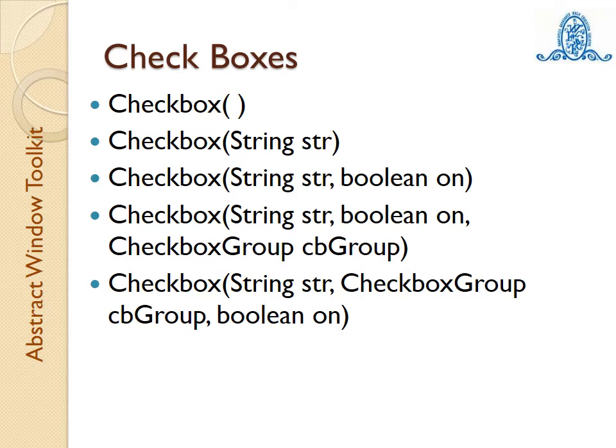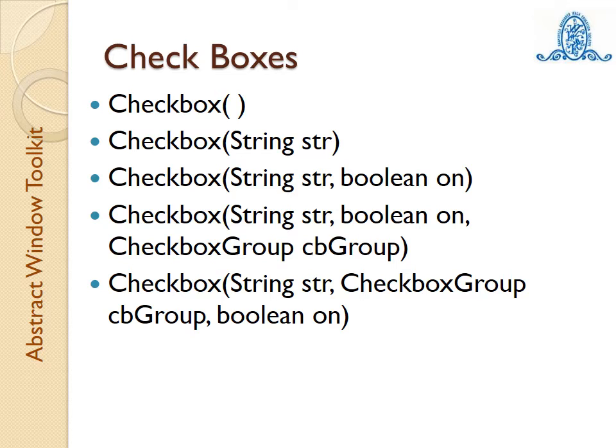Then next two constructor forms consist of 3 parameters. The first two are similar to the previous constructor. The third parameter is checkbox group. This checkbox group parameter is used to create a group of checkboxes. So this is a predefined class defined in java.awt package. Now the use of this checkbox group class is to create a mutually exclusive group of checkboxes so that we can select only one checkbox at a time.